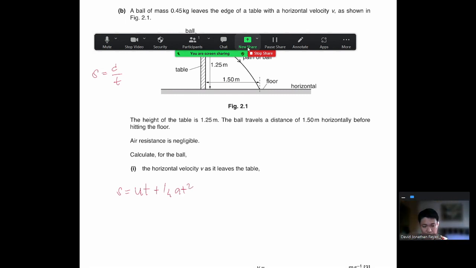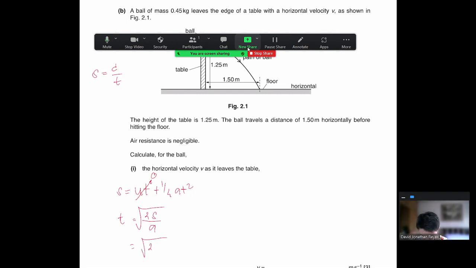Given that there's no initial velocity along the y-axis, this will become 0, right? Then we can find this value, but we need to at least make time the subject of our equation. So we're going to do a little bit of algebra. So t would be placed here, then that will be the square root of s multiplied by 2 over a. Then from here, solve for the value.